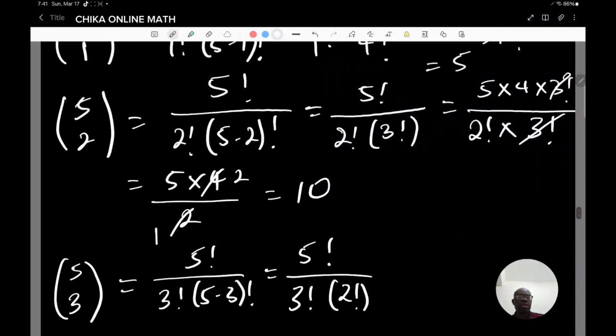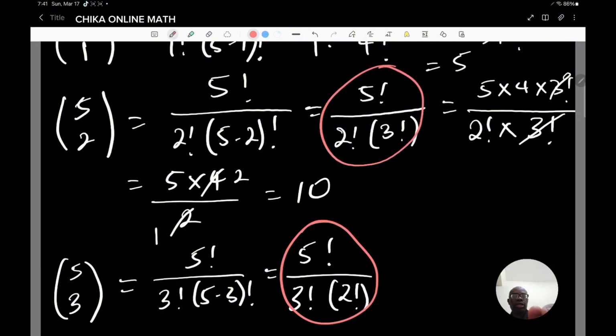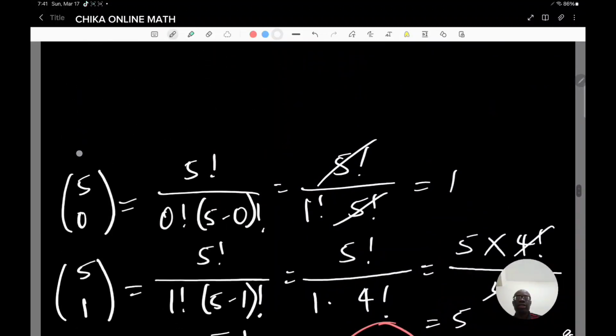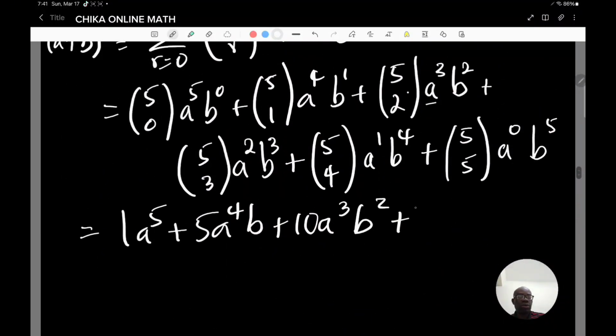Now, if you notice, this is the same thing as this, okay? So eventually we'll get the same answer we got in 5 combination 2, which is what? 10, okay? So 5 combination 3 gives us 10. So we'll be having what? 10 a squared b cubed, okay?